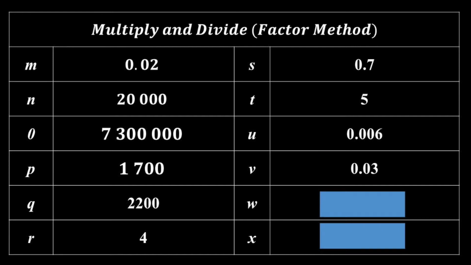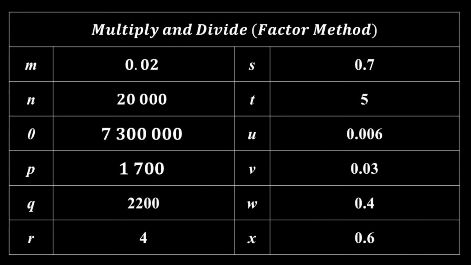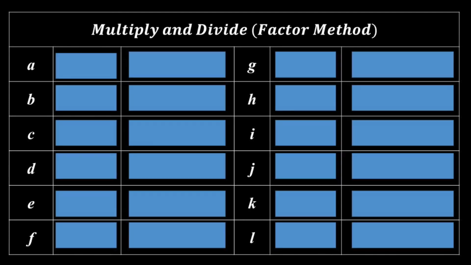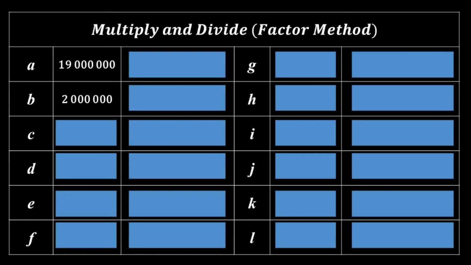All right, we're almost at the end here. And now what we'll do is we will convert. This is my own lingo, factor method, etc. Now we'll take the values and we'll convert to scientific notation.